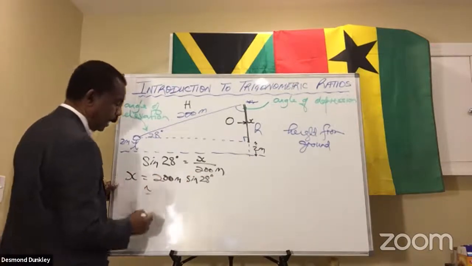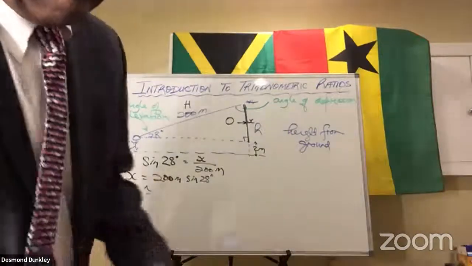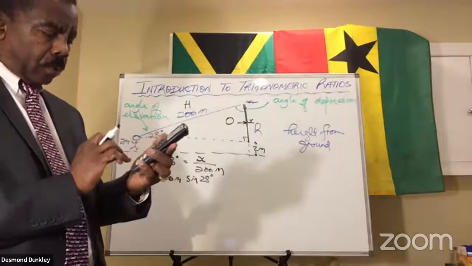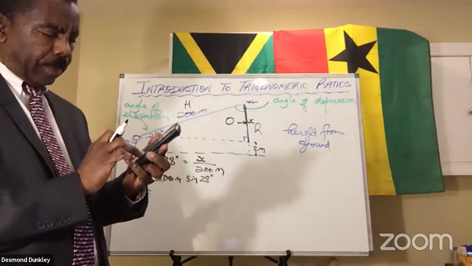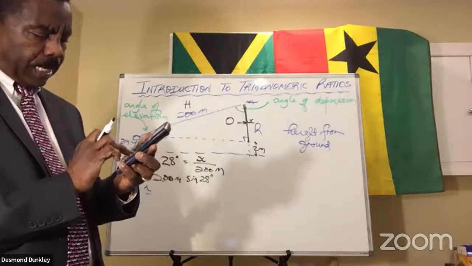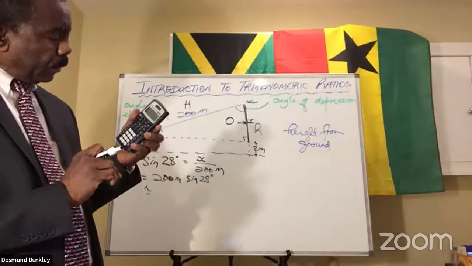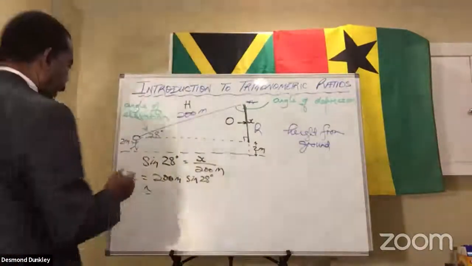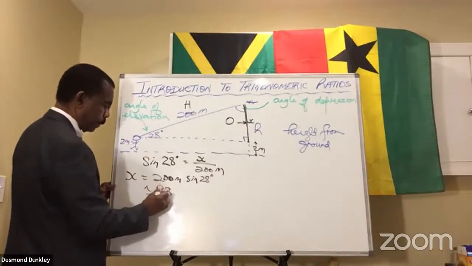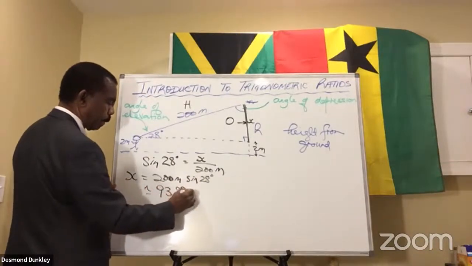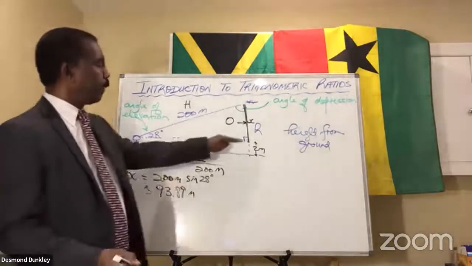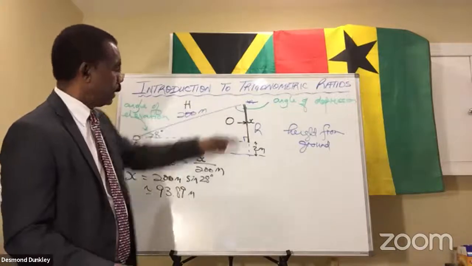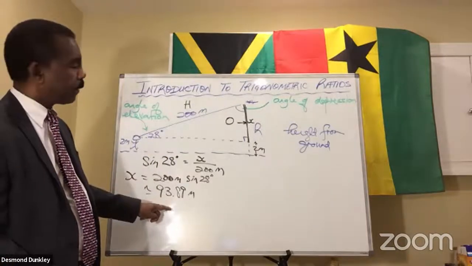And that's approximately equal to, clear, 200 times sine of 28 equals 93.89. So the height from Johnny's eye level to the bird is 93.89 meters.